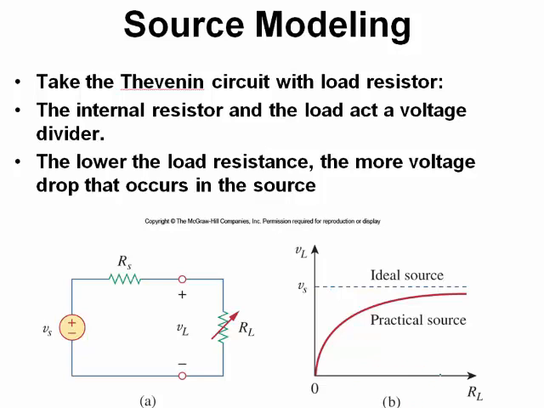But as my load resistor gets a little bit bigger, I am no longer affecting so much how much current is in that loop, and I can start to approach the point where this voltage here will be close to this voltage out here. So that's what we're showing. We can demonstrate that in the lab. You can short out a power supply, and you'll see you will not be able to get the voltage out.